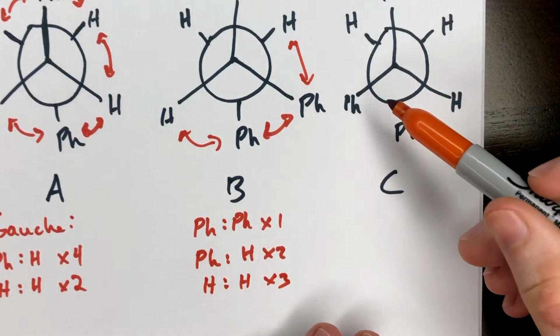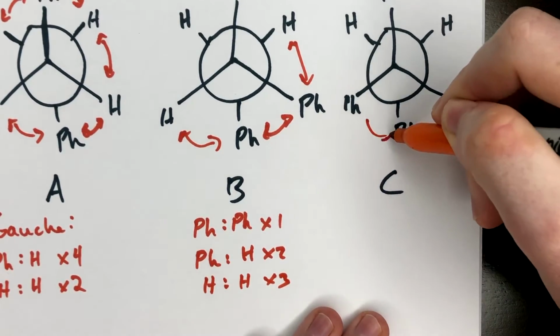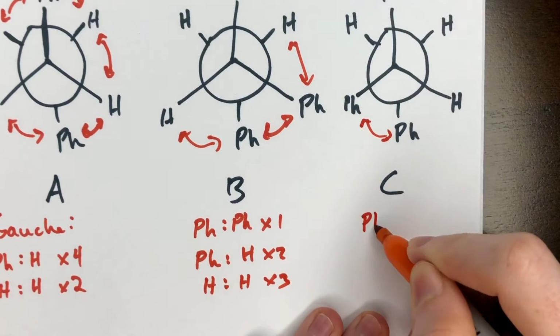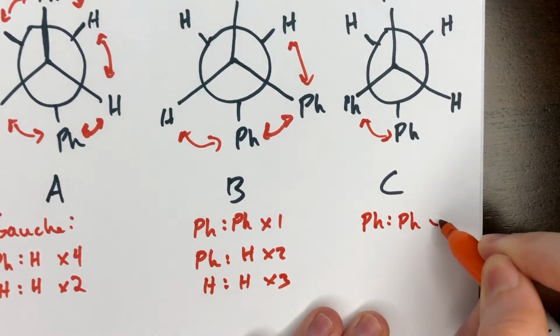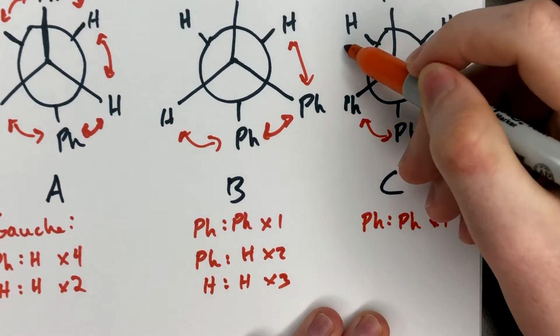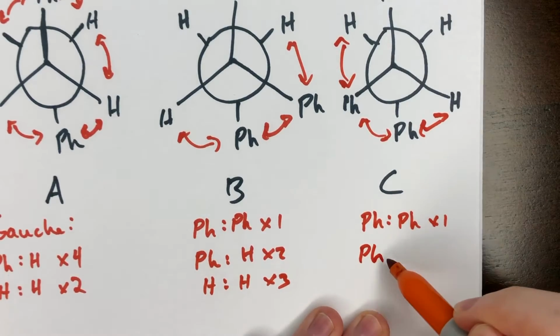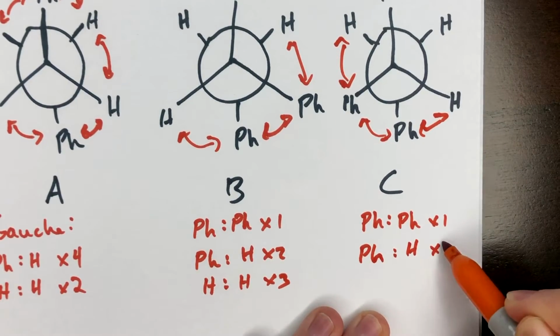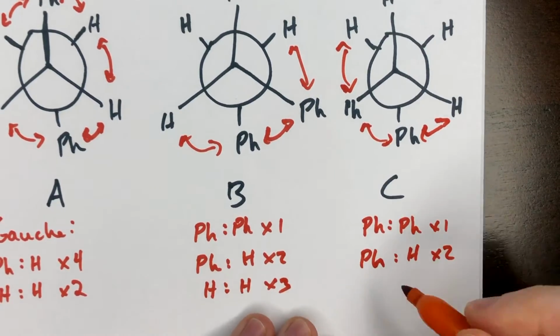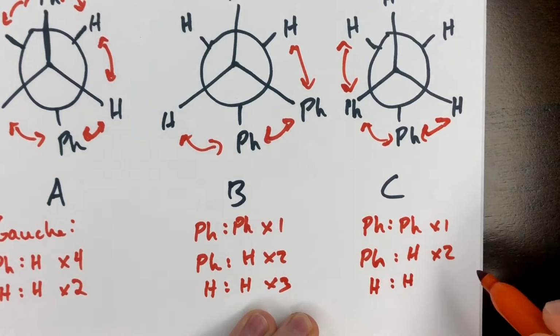And then in this last one, again, we have the phenyl-phenyl, times 1. And everything else is not going to contribute greatly. We have phenyl-hydrogen times 2, which might be some increase in energy, but the hydrogens are certainly not going to have a value.